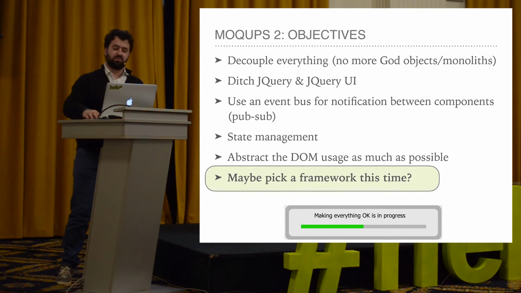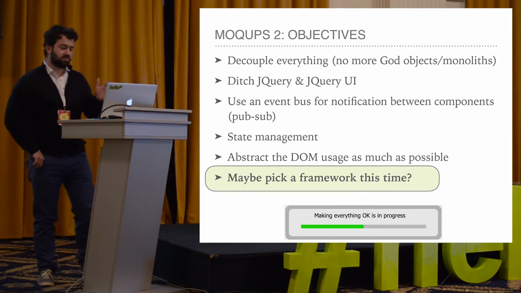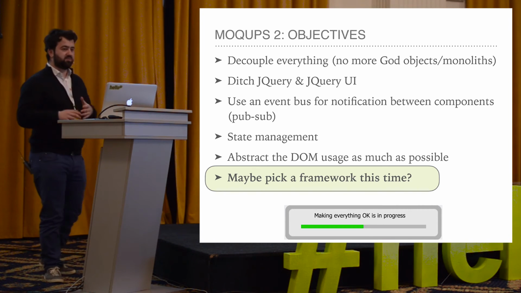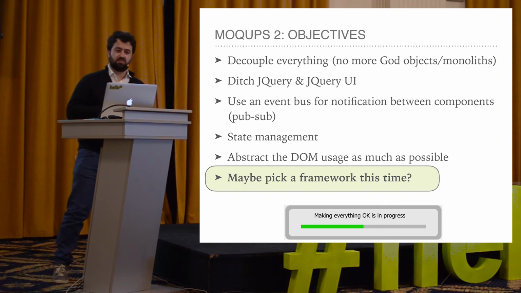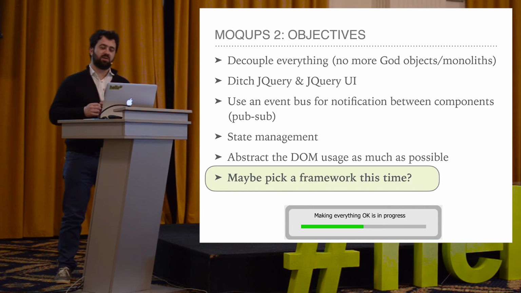we decided to start the new mockups. So the objectives were quite simple. Get rid of the monoliths and the God objects, and ditch jQuery and jQuery UI because they turned out to be the biggest performance drags.